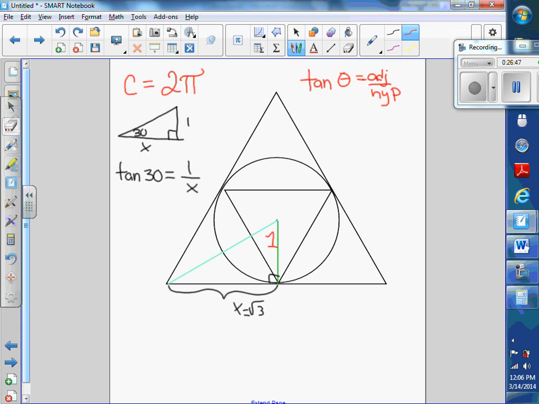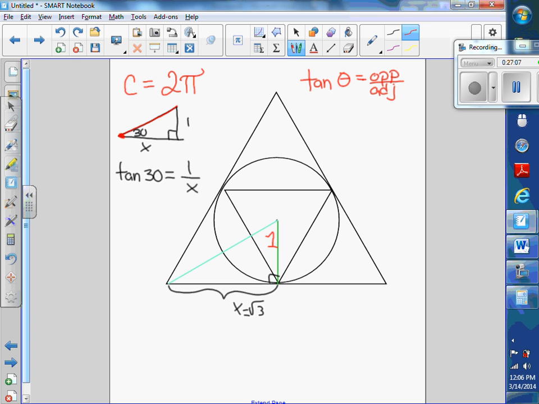I'm sorry, I can't talk and write at the same time. Opposite over adjacent. So in reference to 30, the hypotenuse always remains the hypotenuse, and the adjacent is the other side that forms the angle.